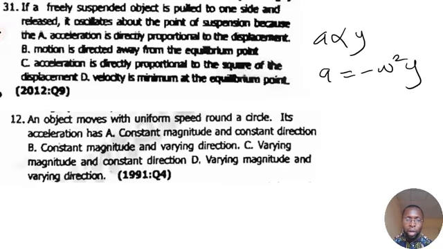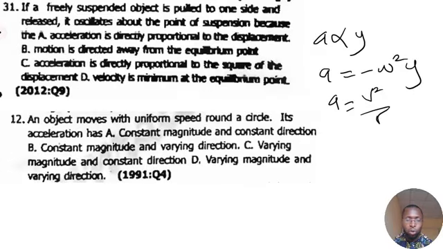C, varying magnitude and constant direction, no. The magnitude is always constant, and that's because the speed is constant. Another formula for linear acceleration is v squared over r. So this v, which is speed, is always constant. That's why the magnitude of acceleration is also constant, but the direction is varying. So the correct option is B, constant magnitude and varying direction.